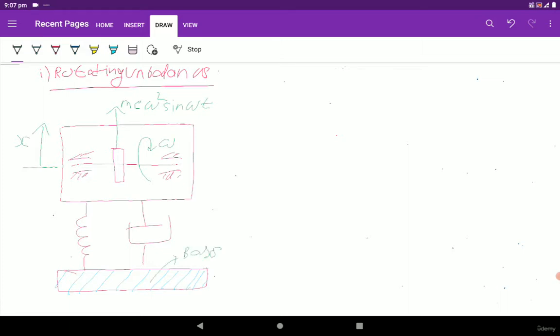Now the whole system looks like something like this. If we plot this diagram, something like this.